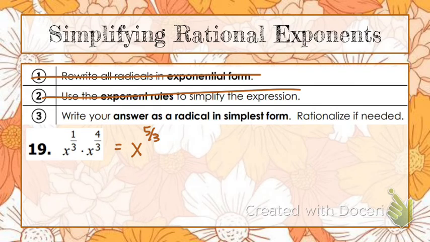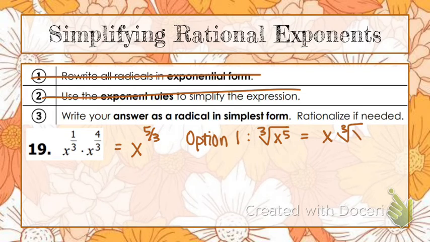So there's two ways of doing this. Option 1. You can do the cube root of x to the 5th, and then we know we can reduce that to be x cube root of x squared. Or option 2, you can change this to say x to the 1 2/3 power.